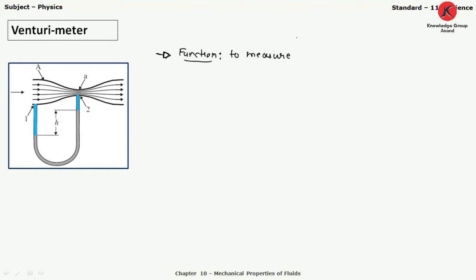It is a device to measure the flow speed of incompressible liquid. Right. So the function is to measure the flow speed of incompressible liquid. And here we can see the figure of a Venturi meter.